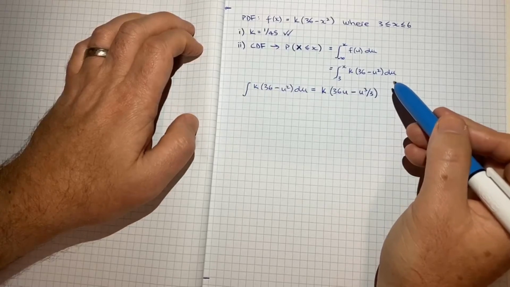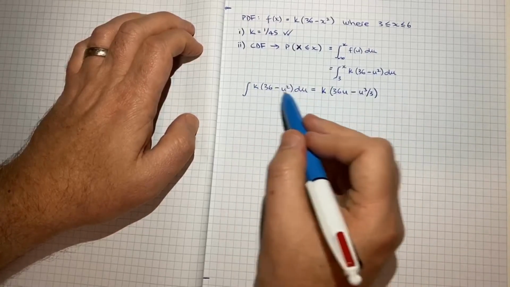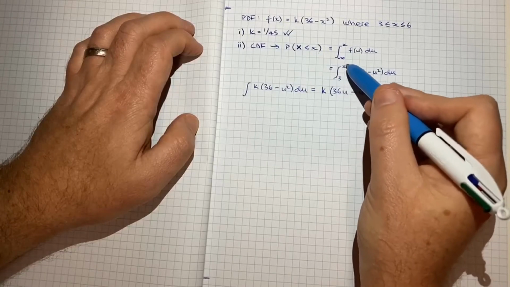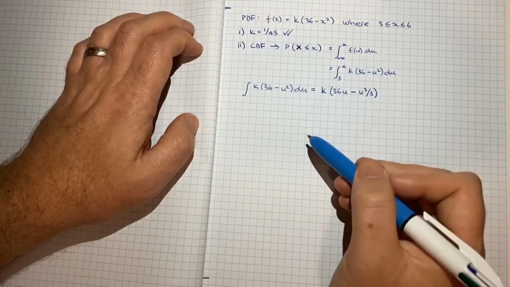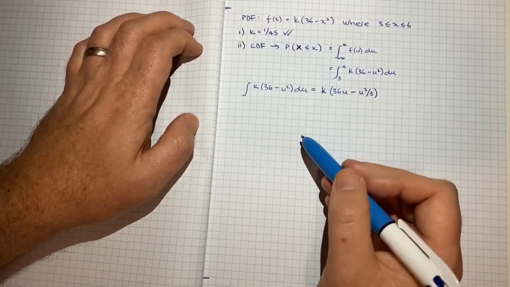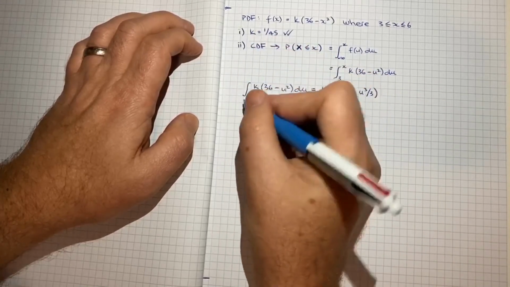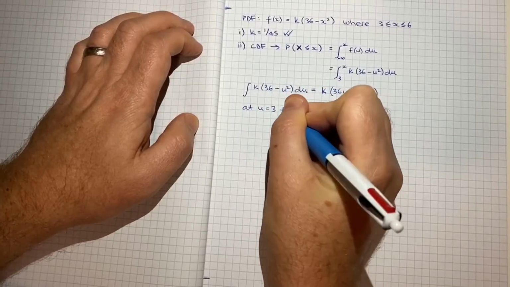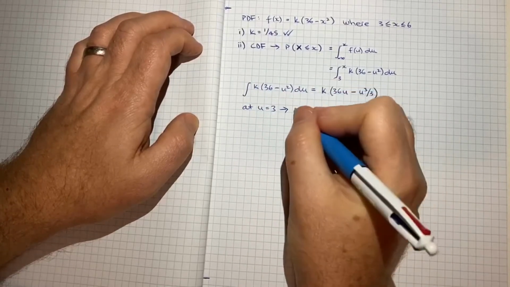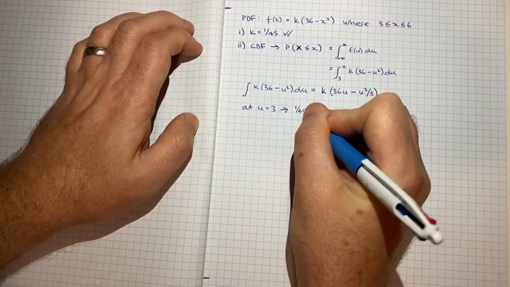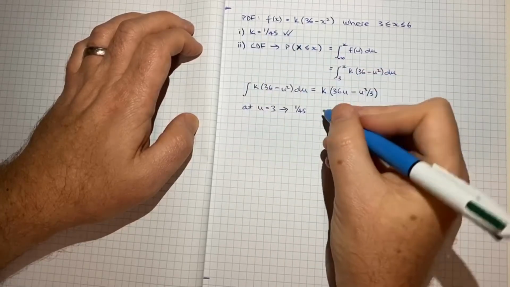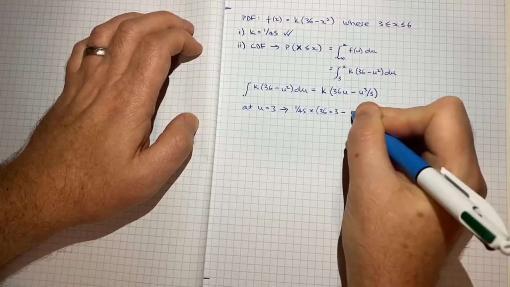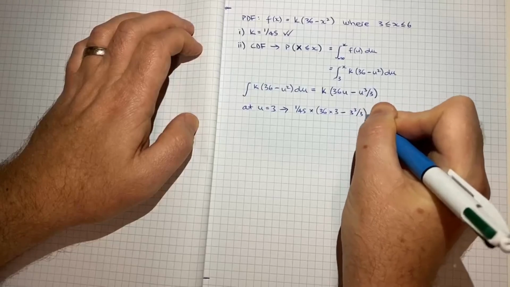So now what we have to do is evaluate this integral at the lower and upper bounds of what we're integrating between, and then subtract the two, and we'll have our function. So at u is equal to 3, what we get is k, which is 1 on 45, which we know from part 1, multiplied by 36 times 3 minus 3 cubed on 3.